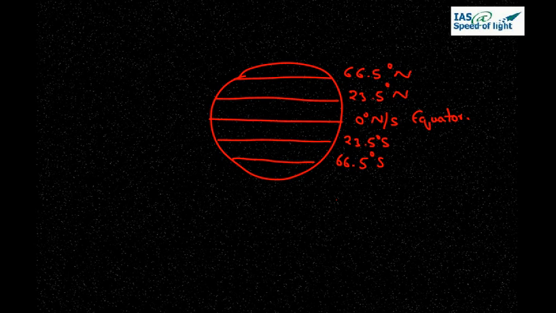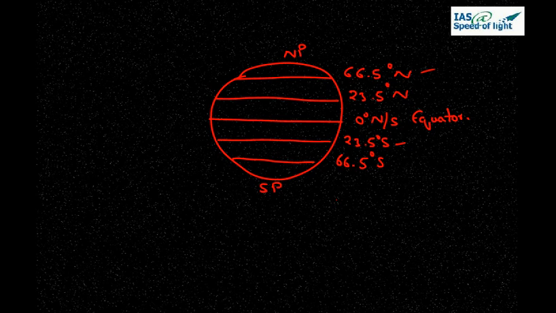Right, so direct rays of the sun between 23.5 north and 23.5 south, and oblique rays between 66.5 north and 66.5 south. The 23.5 north we call the Tropic of Cancer, this the Tropic of Capricorn, this the Arctic, this the Antarctic. Then we have the North Pole and South Pole. These are very basic things we all know.